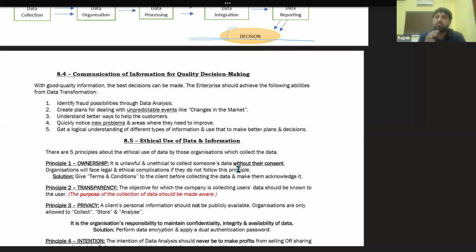And the other thing is that before we start processing the data, we should have confidence that the data which we have is of good value. Then only we can start the process. If we have good quality data, and from there good quality information, then 100% the decisions you take will also be very good.